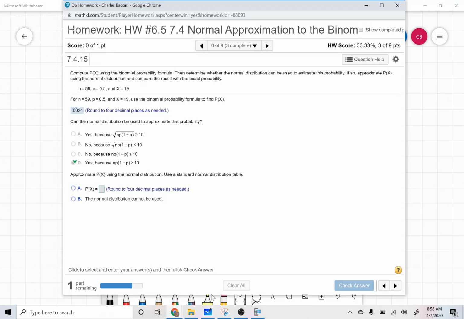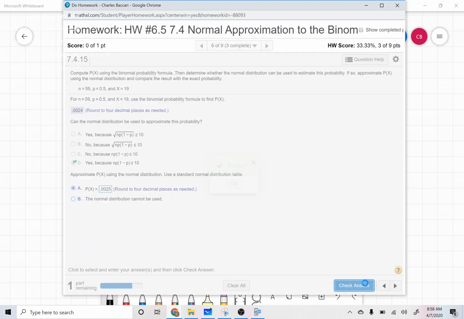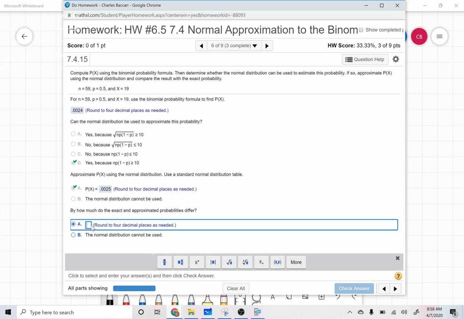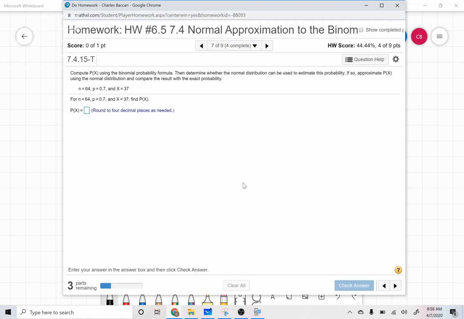So if we enter that, 0.0025, you can see just how close this is. And it says how much do the exact and approximate values differ? So just subtract them, 0.0001. So that's how little of a difference there is. And you can go to the next question.